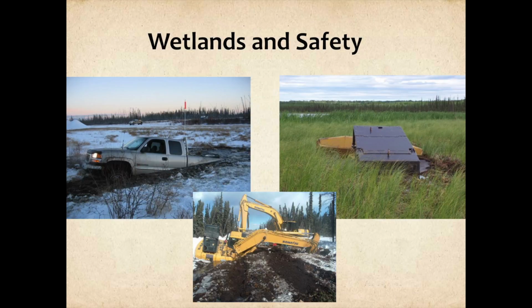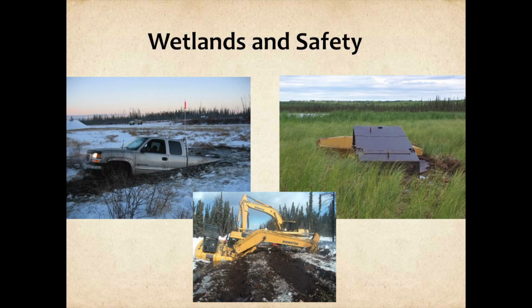And then there's another element that we'll just speak about, which is wetlands and safety. It's kind of a funny picture, but it's very real. The picture on the left is stock footage from one of our staff. When I was traveling to the conference here from home, a pickup truck went through one of the winter roads in northern Manitoba with a family in it. I argue that if they had a better understanding when they laid out that road of the type of wetlands they wanted to cross, they could have avoided that problem.